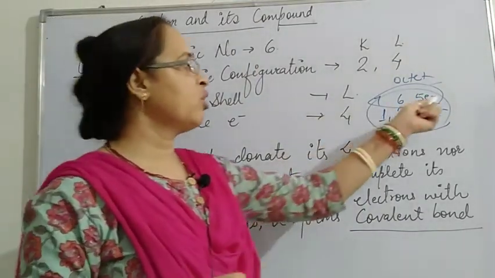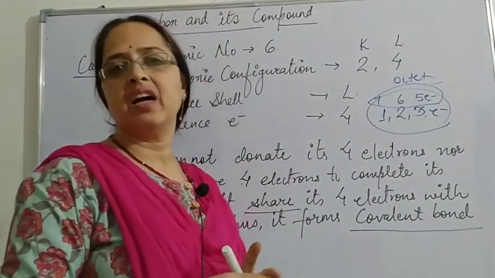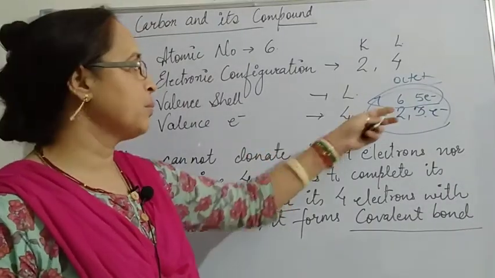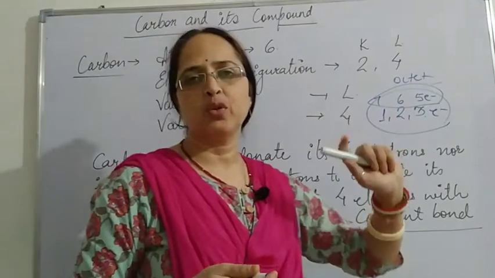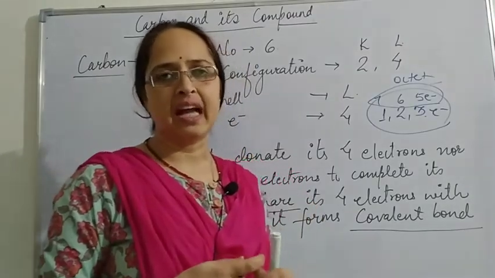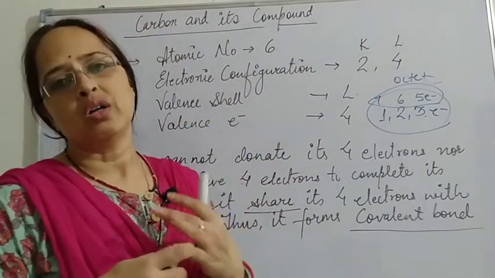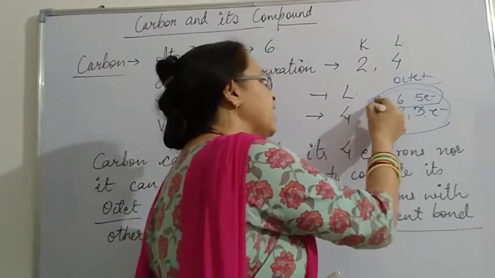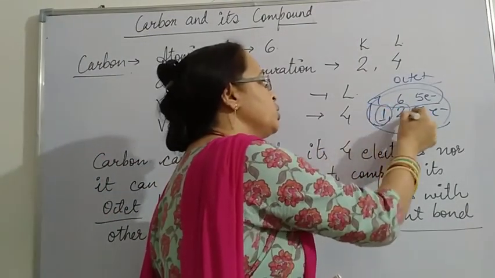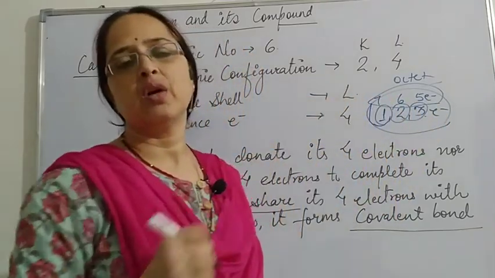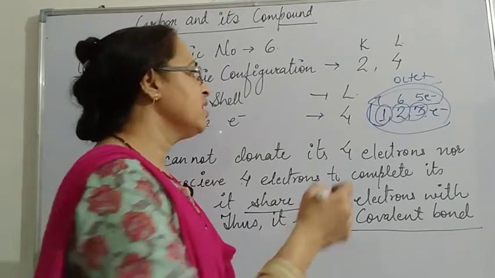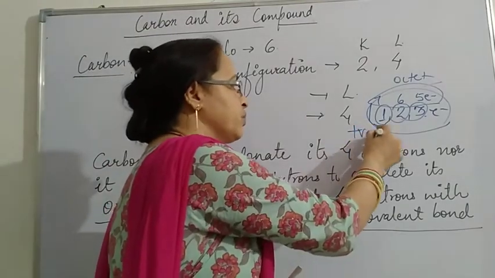Such a number of electrons cannot be received, and thus the octet cannot be completed this way. So the elements having 1, 2 and 3 electrons in the outermost orbit donate their electrons and gain a positive charge.